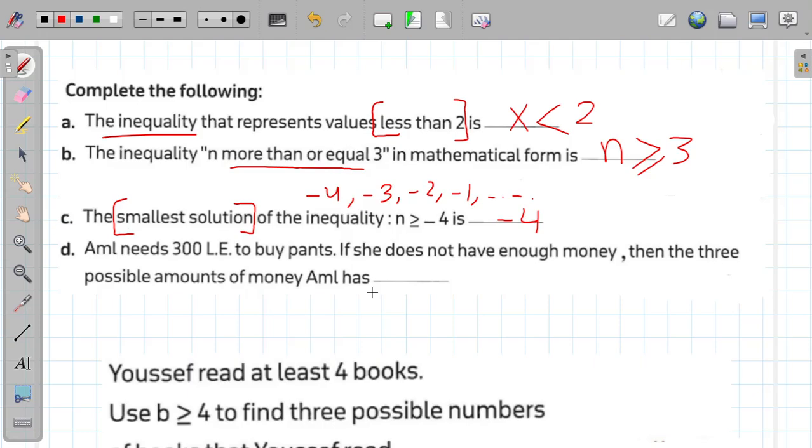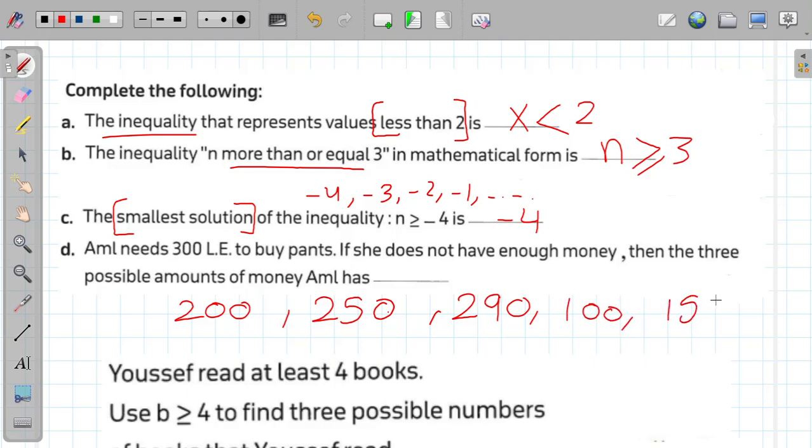Okay, so Amal has what? Maybe she has 200 pounds. Okay, maybe she has 290 pounds. So I can say Amal maybe has 200 pounds, maybe 250, maybe 290, maybe 100, maybe 150.